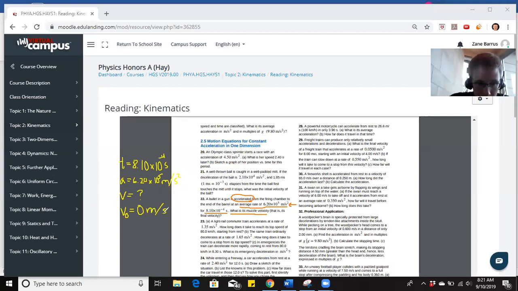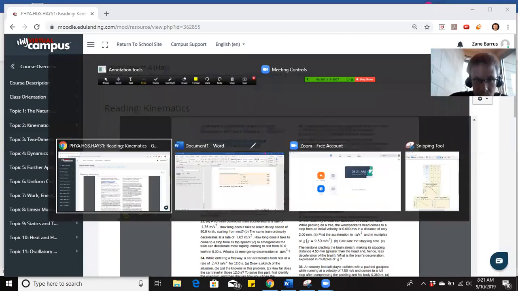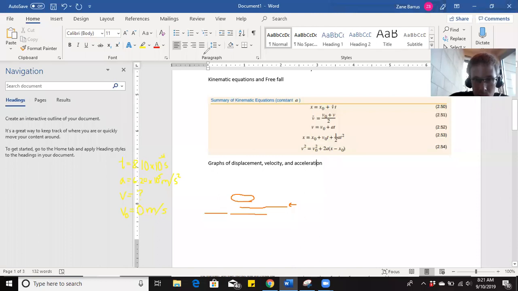Take a look at what we know so far. We know what T is, we know what A is, we know what V naught is, and we're looking for what V is. So I'm going to look at my list of equations on my Word document, looking for the equation that incorporates all of those variables. You'll notice the equation that incorporates all of them is this one right here. And hey, it's even solved for what we're looking for.